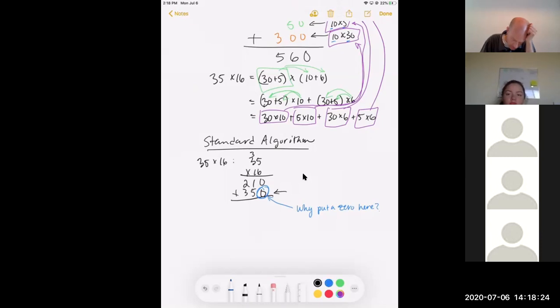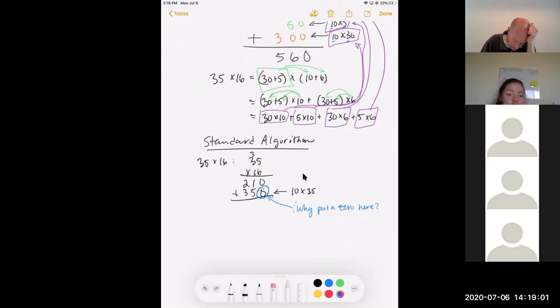That's what that partial product is. You're taking this 10 and multiplying by 35 here. You ignore the 6 in that whole row. Now, anything times 10 has a 0 at the end, right? So when we put the 0 in there, we're just thinking about 1 times 35 after that. That's the 10 times 35.